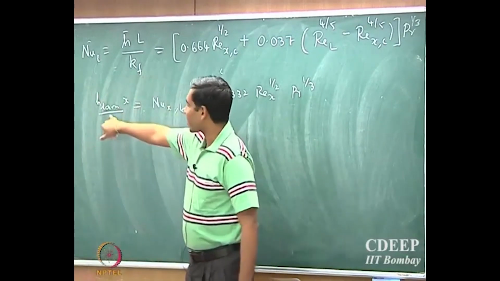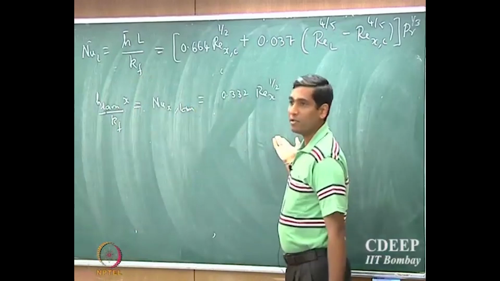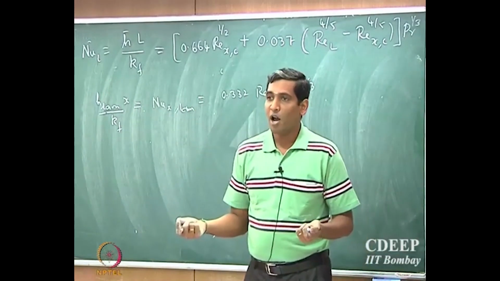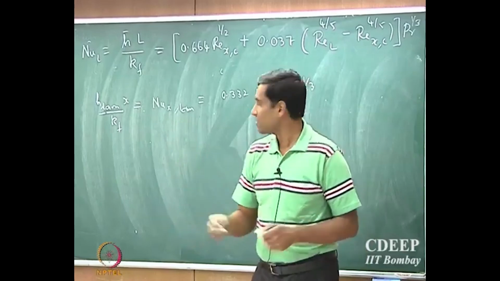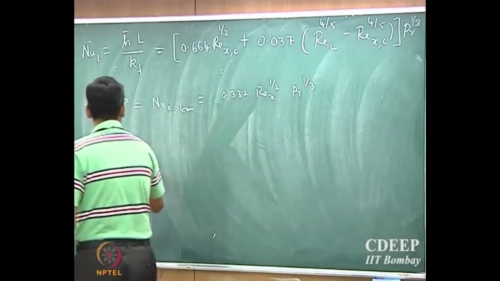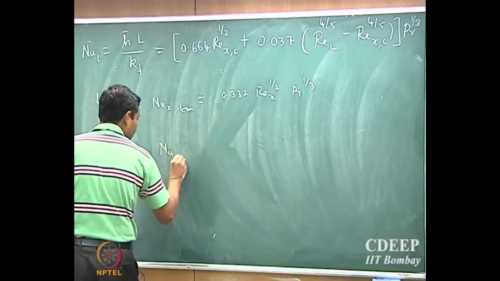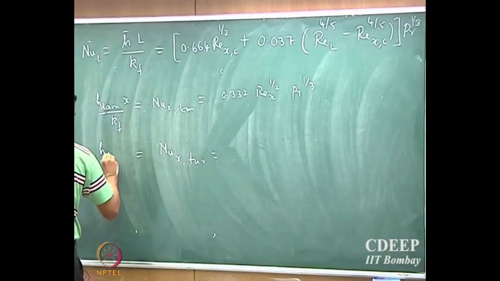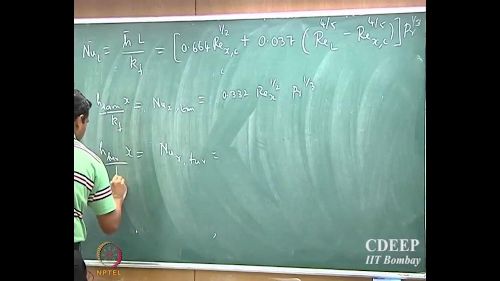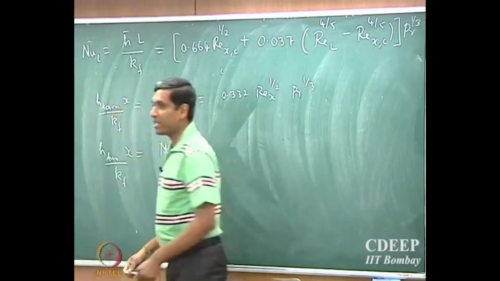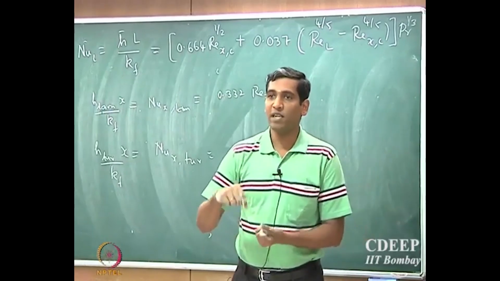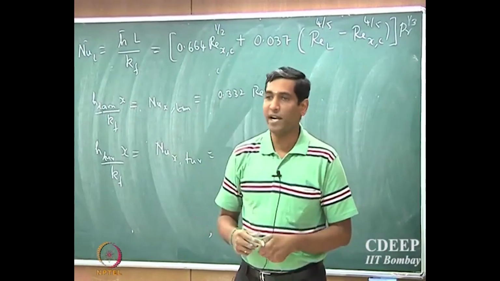So I have found out what is H laminar from this expression, and then I integrate with respect to the X coordinates up to the critical location, and then similarly I take the expression of Nusselt number for turbulent flow, that will be H turbulent into X by Kf, and then you integrate that with respect to x coordinate going from the critical location to the length of the plate.